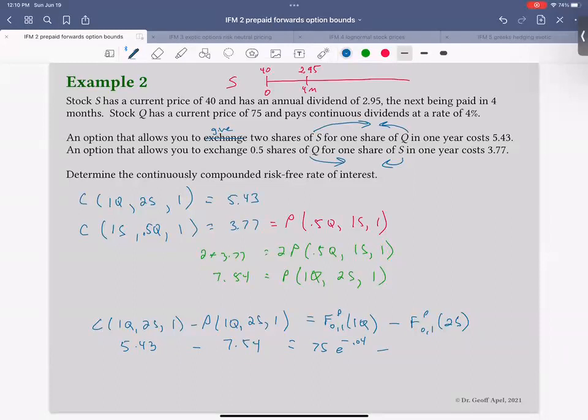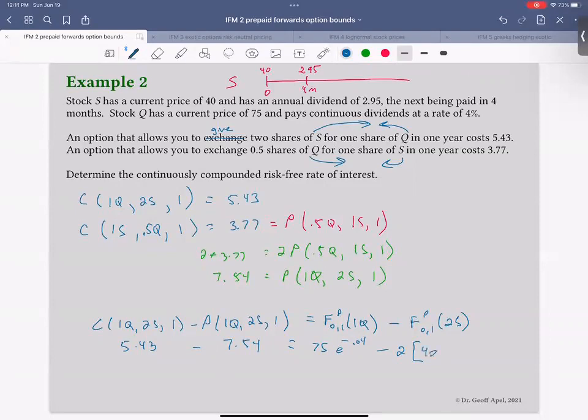Minus the prepaid forward of 2 shares of S. Okay, so that's nicely scalable. It's just going to be 2 times the prepaid forward of 1 share of S for each share of S, basically, right? And S was this diagram up top here. So that's this discrete dividend. So I'm going to again do current price minus dividends.